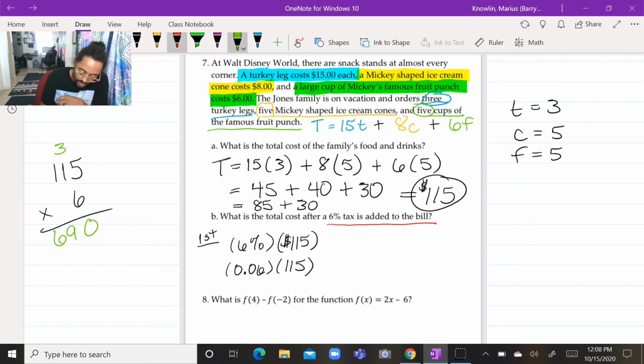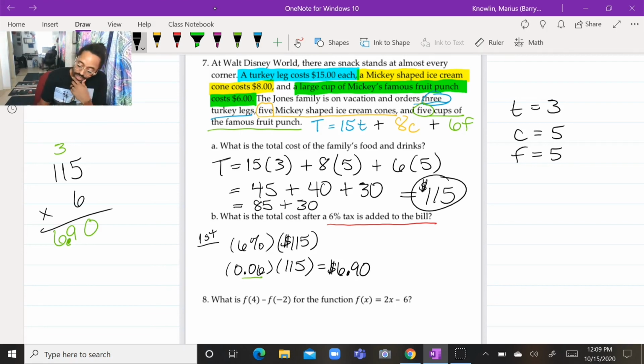Now, we had 2 numbers after the decimal place, so our number needs to have 2 numbers after the decimal place. So 6% of $115 is equal to $6.90.